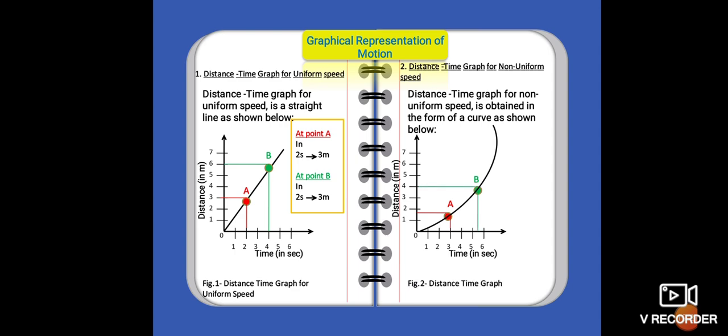Here at point A, in 3 seconds the object covers a distance of 1.8 meter, but at point A in 2.4 seconds, 2.2 meter. This is the example of non-uniform speed, which gives us a curve.